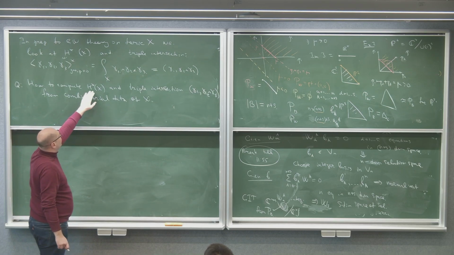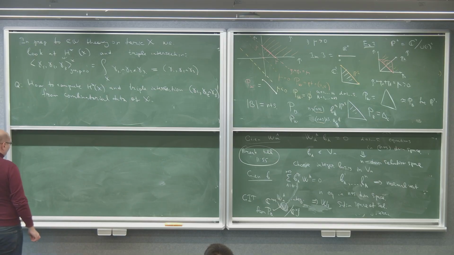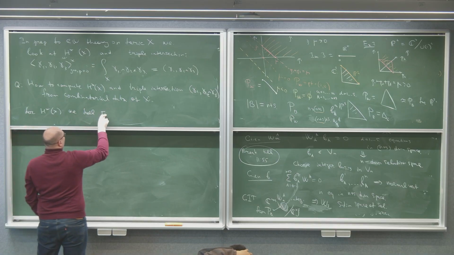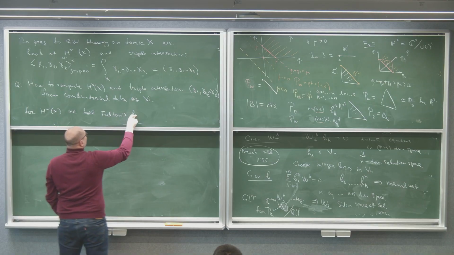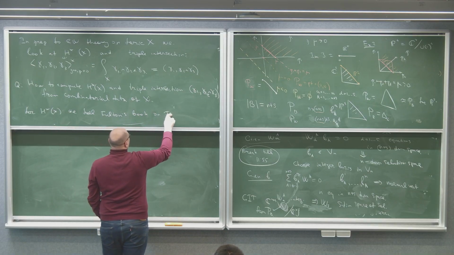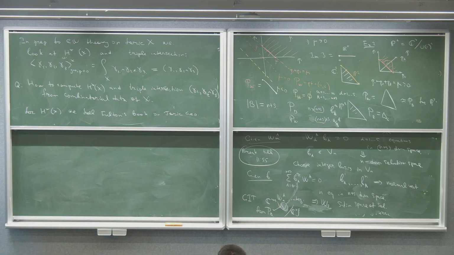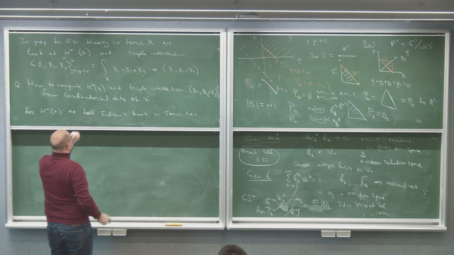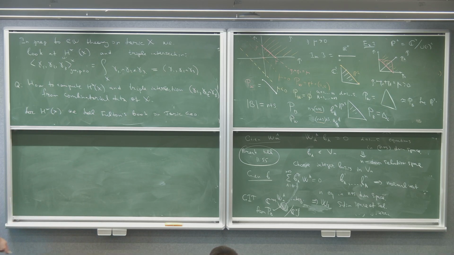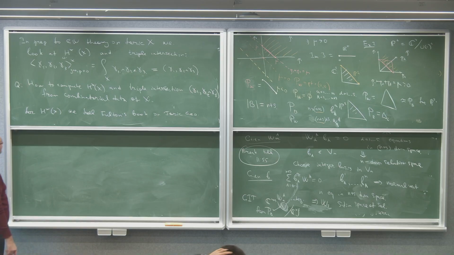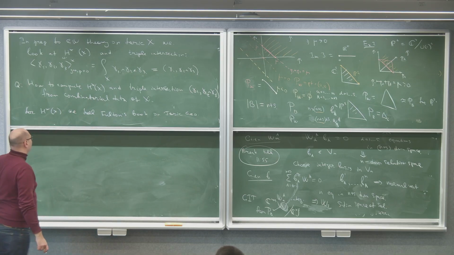So the first step is to get the cohomologies. For that we will use a nice construction. For H star, we follow Fulton's book on toric geometry, and he has a very nice construction for how to get H star of X. H star of X as a vector space means that we should get the dimensions of the subspaces of cohomologies of different degrees.